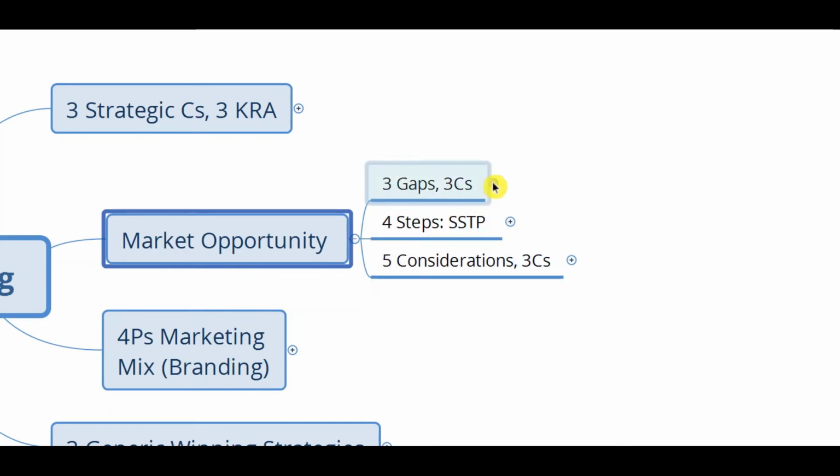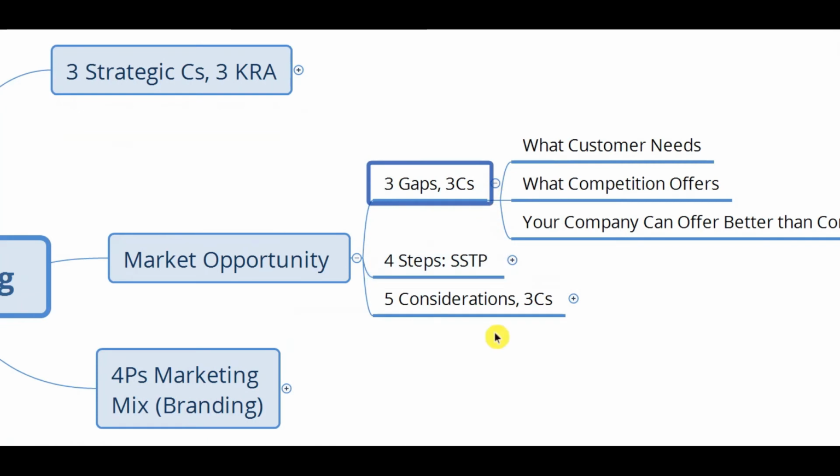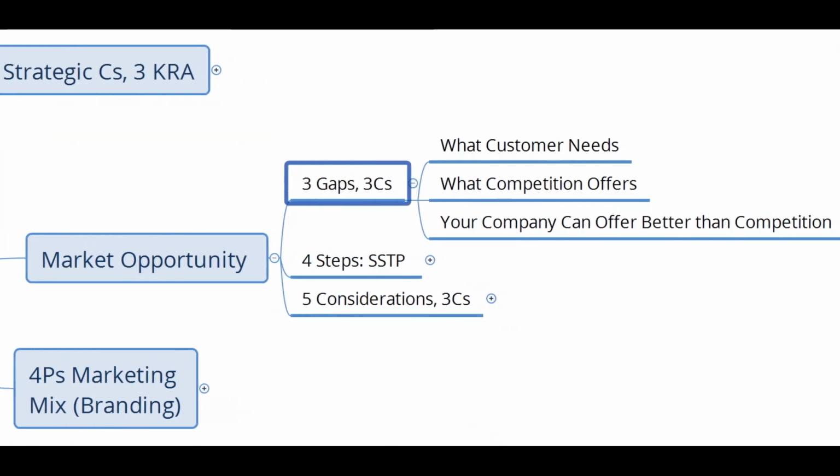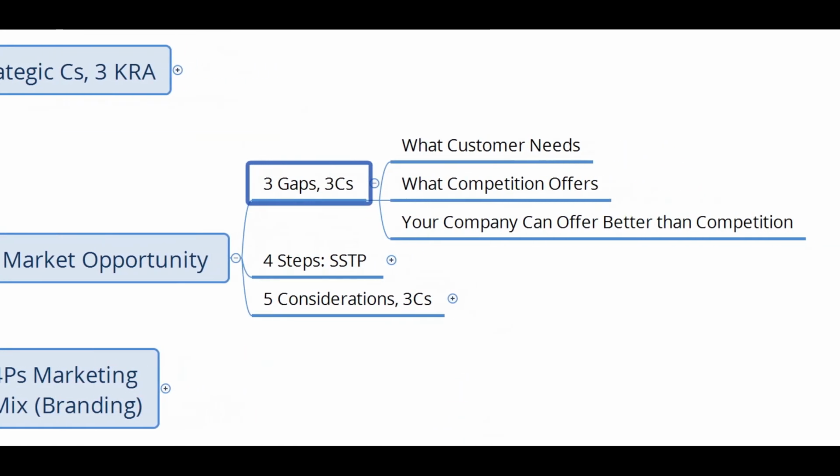So when is there a market opportunity? When there's a gap happening with the three C's. So when there's a gap between what the customer needs, customer is the first strategic C, what competition offers, and what your company can offer better than competition. So there's a market opportunity if all these three elements happen at the same time.